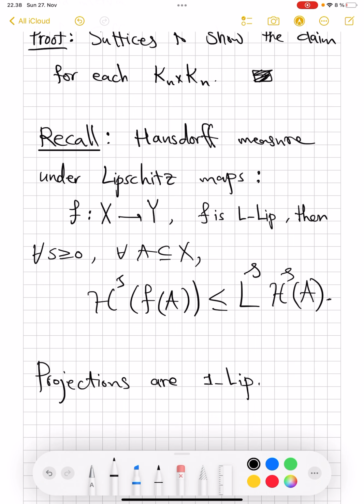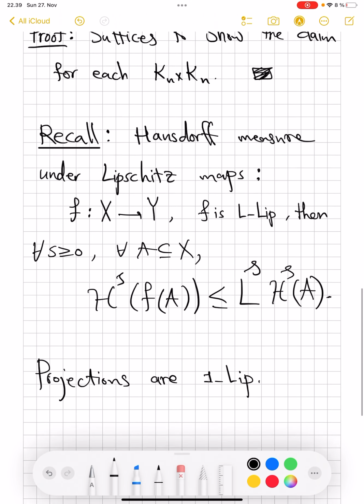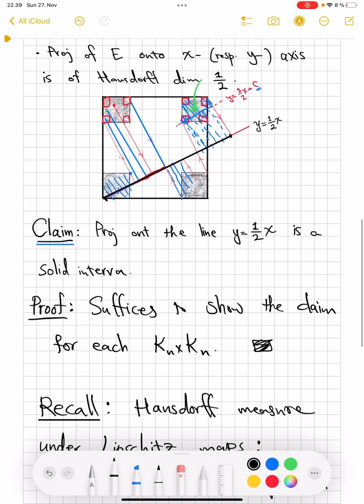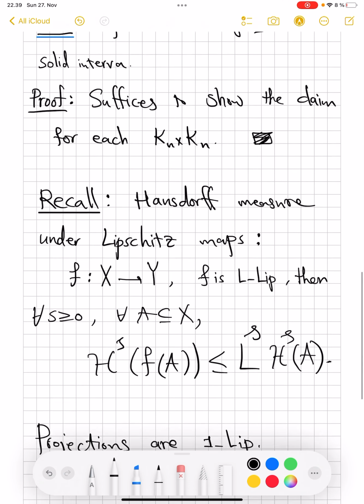But we're looking at upper bounds. So the Hausdorff dimension cannot increase under Lipschitz maps, in particular under projections. So in this case, we saw this map F, the projection, that is one-Lipschitz, and its image has positive H1.